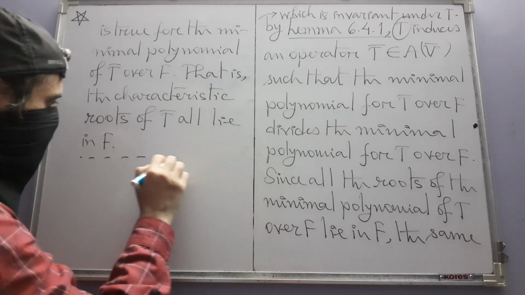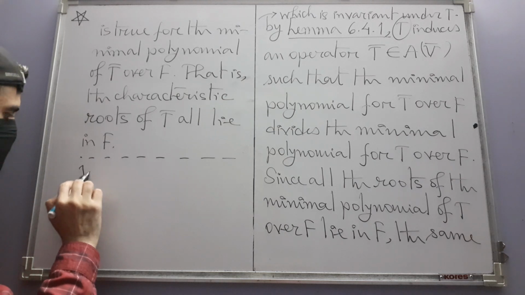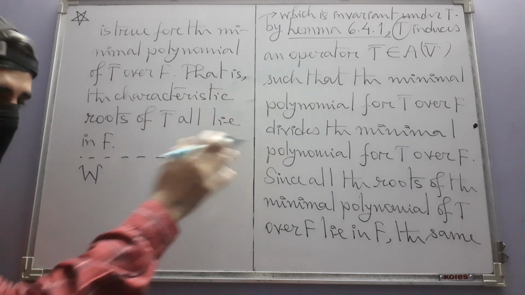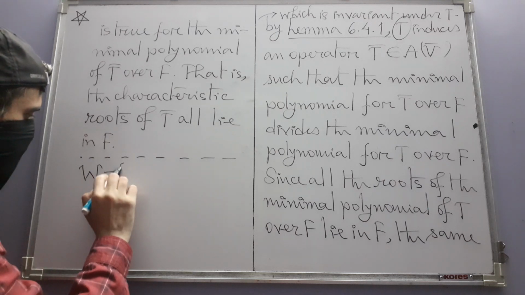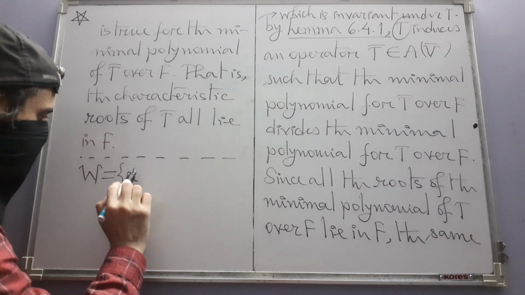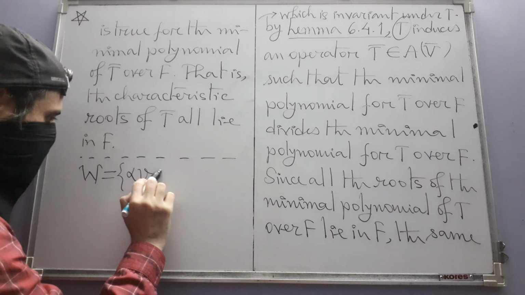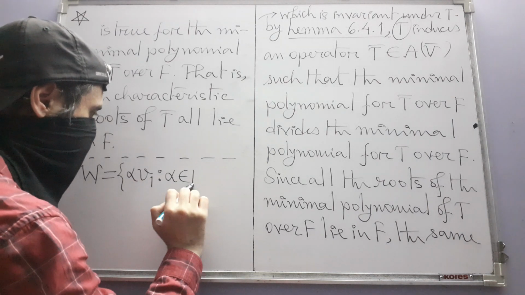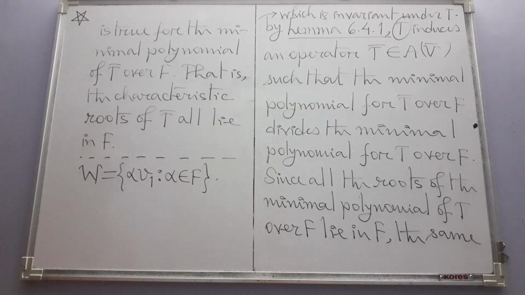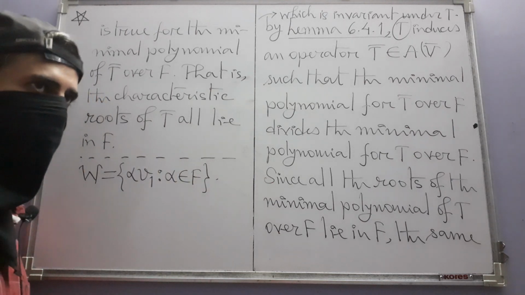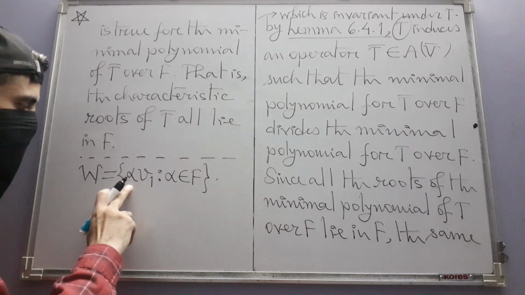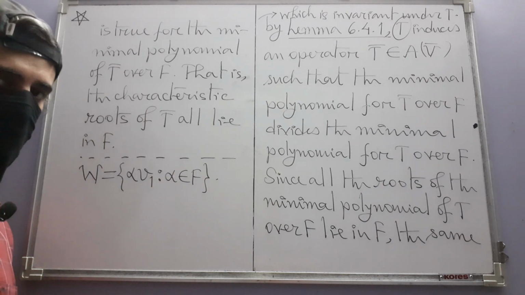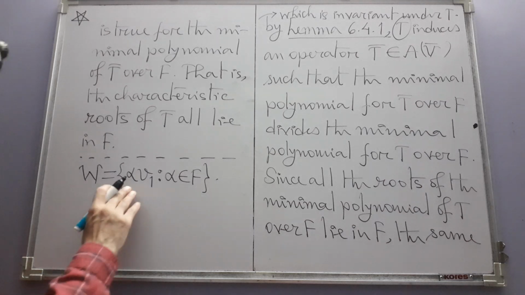Let me show that here. What is W? Without having that invariance, you cannot apply this lemma. W is actually the set of all scalar multiples of that vector V1. Being invariant under T means what? It means that if you choose any vector from W, apply T on that vector, the result should again be in W. Let's do that for any such vector.